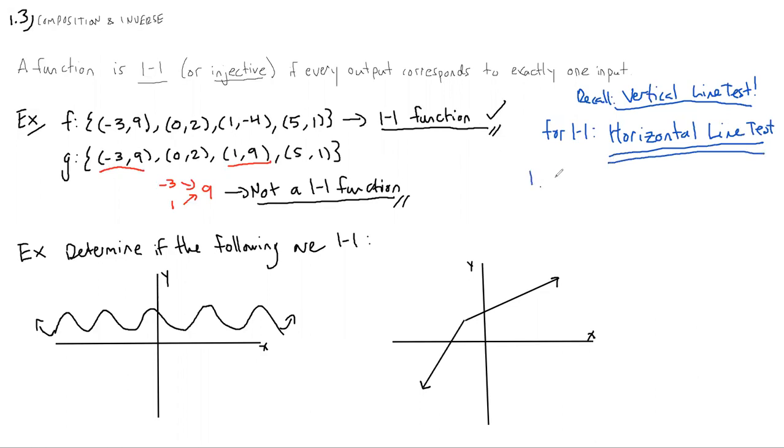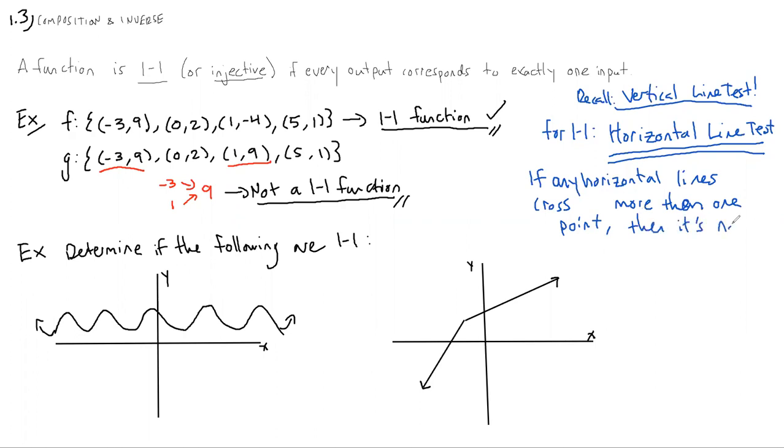So if any horizontal line crosses more than one point, then it's not one-to-one.